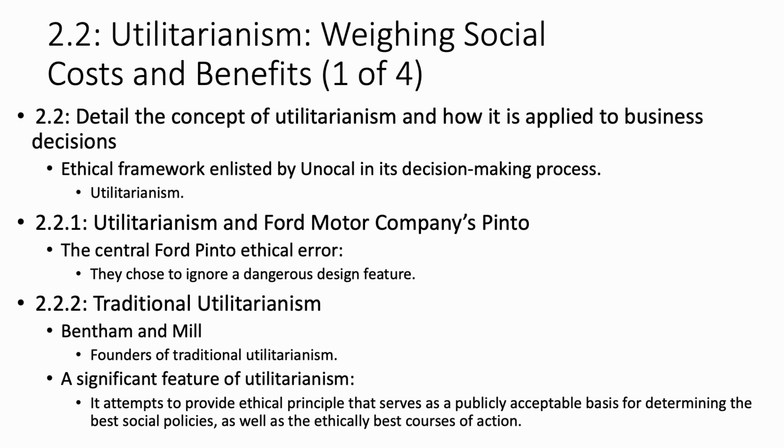And the problem was, after they had designed the car and started getting it out on the market, they were having problems with the car exploding on impact. So let's say somebody rear-ended your car, the car would then catch on fire and would explode. Why would that happen? Because there was a design flaw in the bumper.